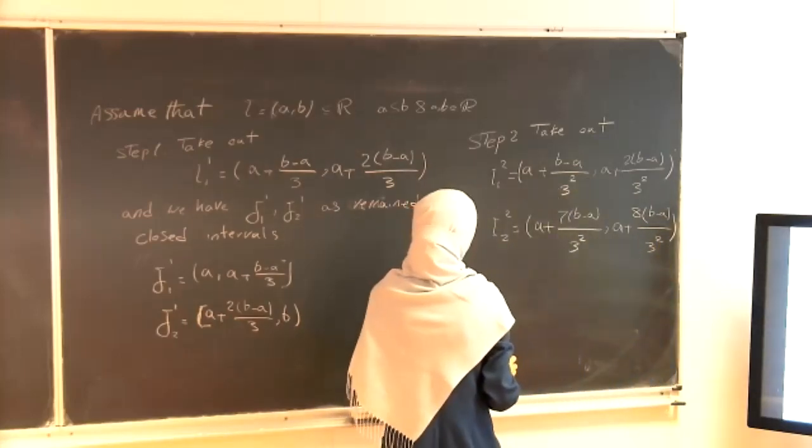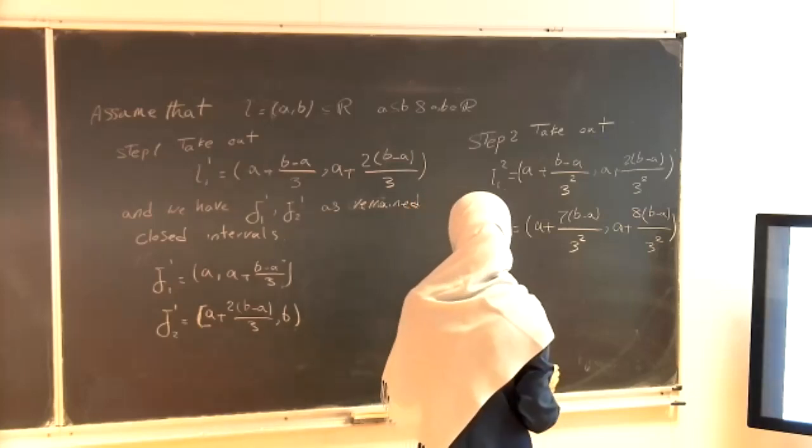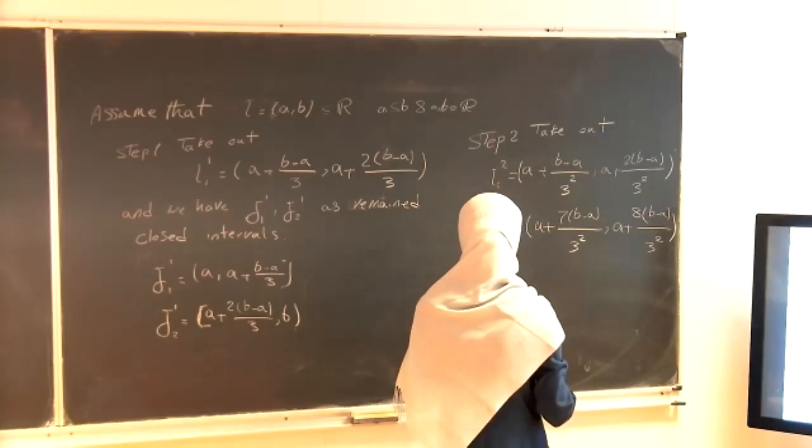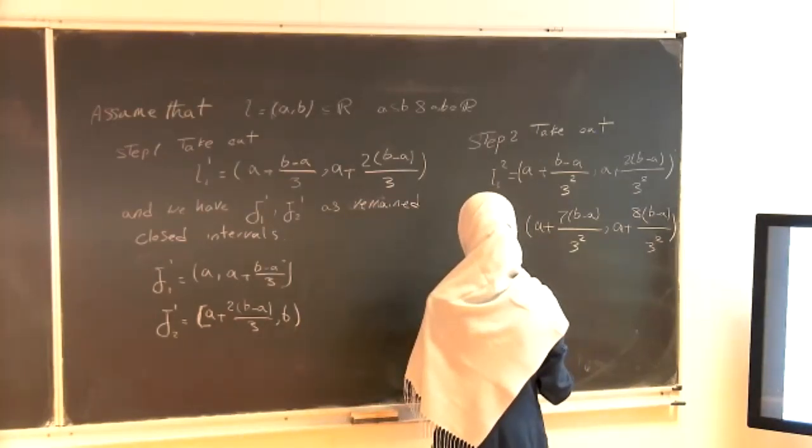We take out these open intervals and name the remaining closed ones J12 to J42.